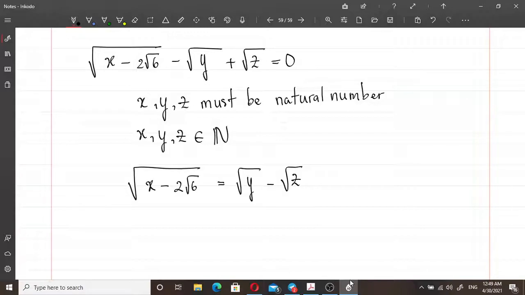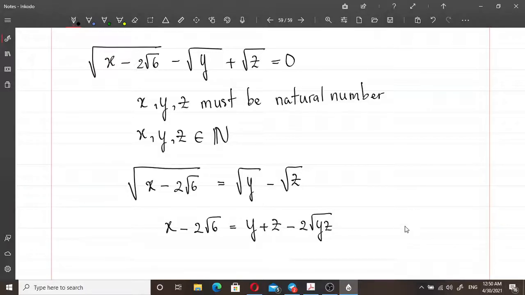the left hand side has 1 square root and the right hand side has 2 square roots, and we can eliminate the square root by squaring both sides. So we will get x minus 2 square root of 6 plus y plus z, this 2 square root of y times z.